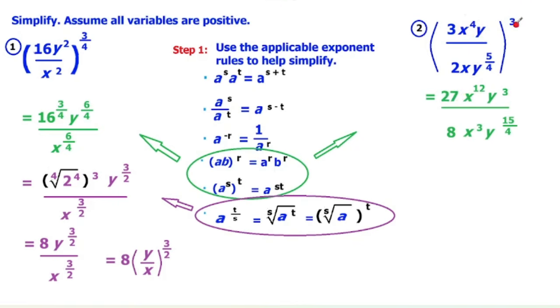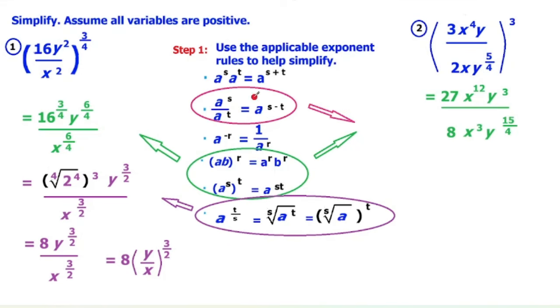And then y to the power of 1 multiplied by 3 becomes 3. And then divided by, and we do something similar to the denominator. So 2 to the 3 becomes 8. x gets multiplied by the power of 3. y to the 5/4 gets multiplied by the power of 3, and it becomes 15/4.